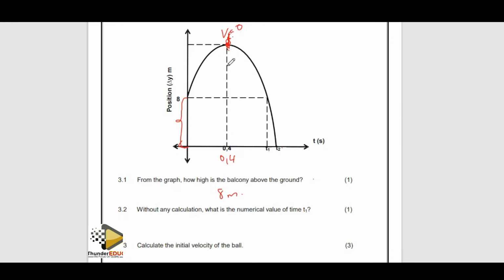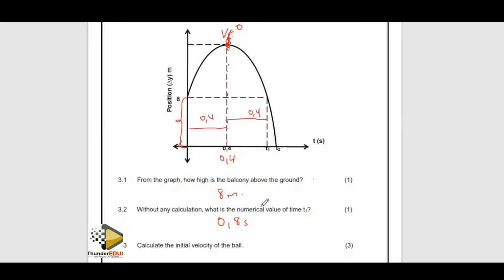This is acting as our axis of symmetry. So if this is 0.4, even this must be 0.4. So which means that is 0.8 seconds without any calculations. So that is just the logic.